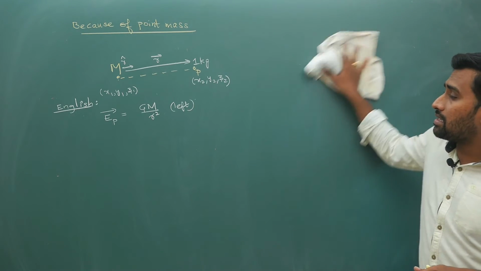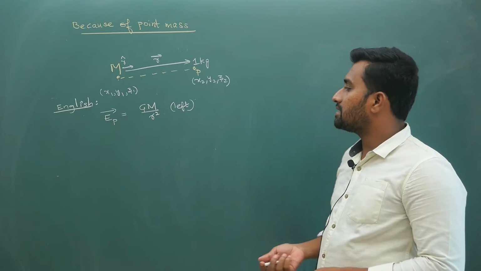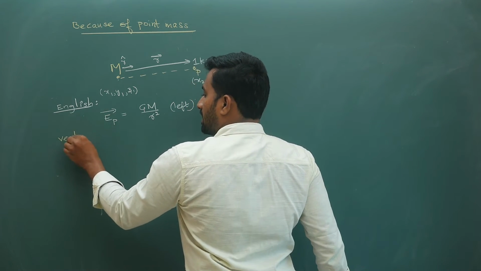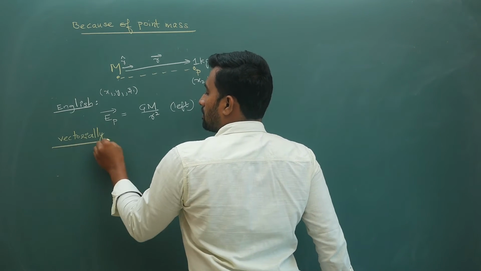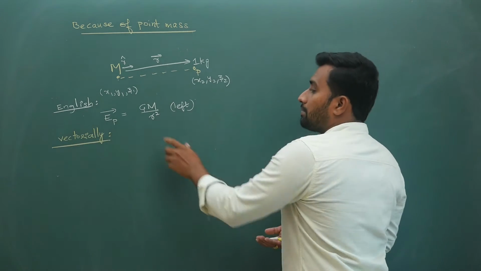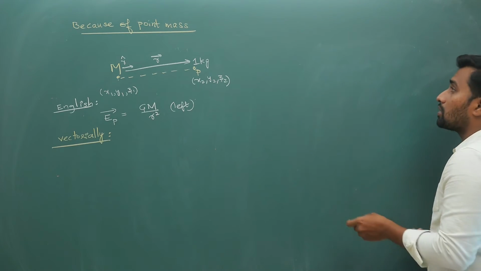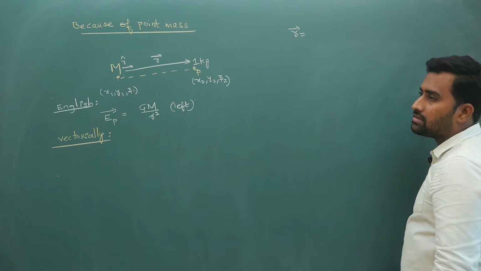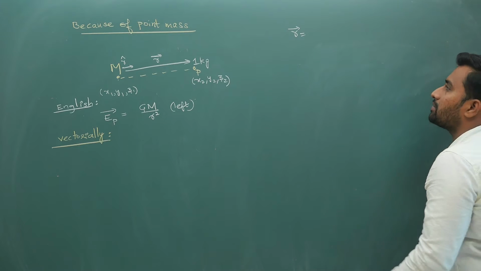So next thing is, your field is GM by r square, it is left, and if you are writing in terms of vectors, this part is your magnitude, GM by r square is magnitude, left is your direction. So in terms of maths, r bar is a vector from x1 y1 z1 to x2 y2 z2.